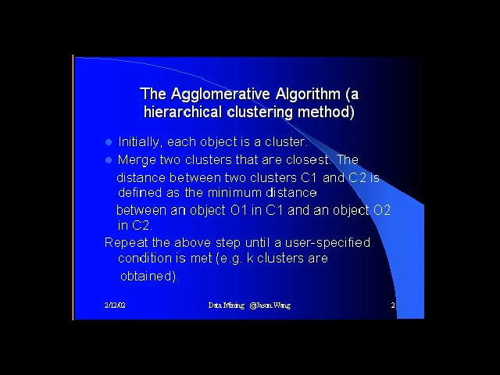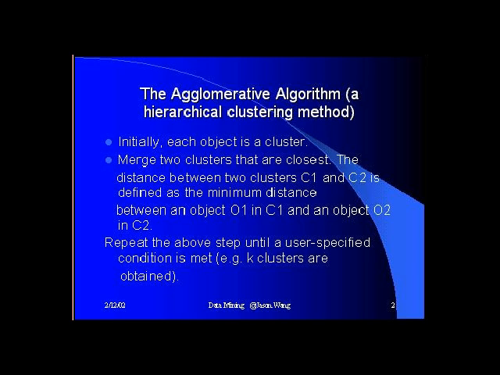Here is another way, which is a very simple way. Now, suppose you have 2 clusters. In general, this cluster might have 10 objects, and this cluster might have 5 objects. How to find the distance between these 2 clusters? Well, we find the distance between one object from this cluster and one object from this cluster, and we can find all such distances.